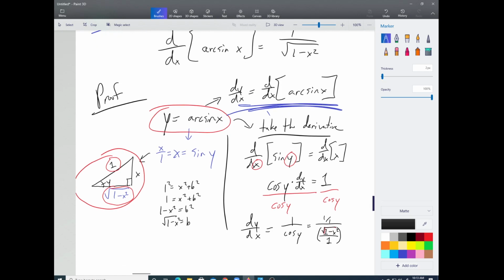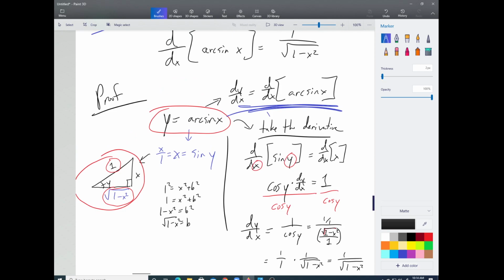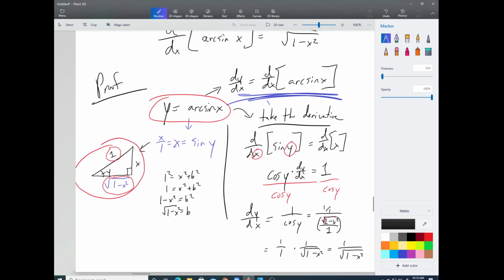And then we use our rules about what happens when we have a fraction divided by a fraction. To find this insane claim that we had made at the beginning, that when we took the derivative of an inverse trig function, we get out an algebraic rational function.